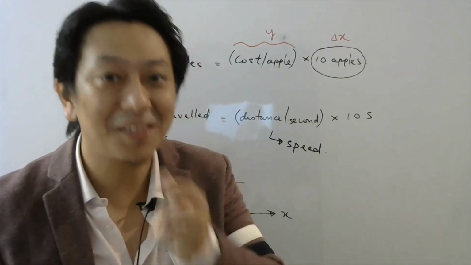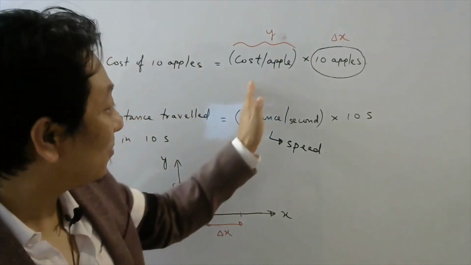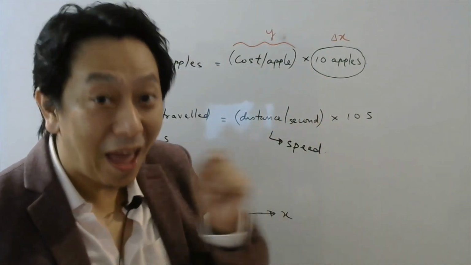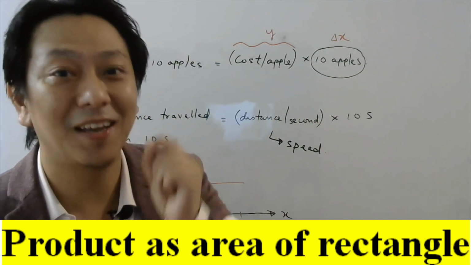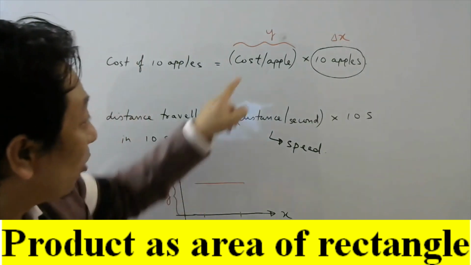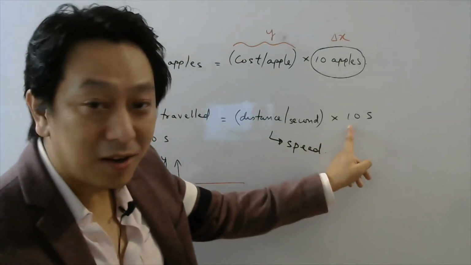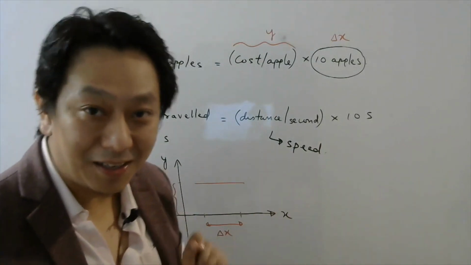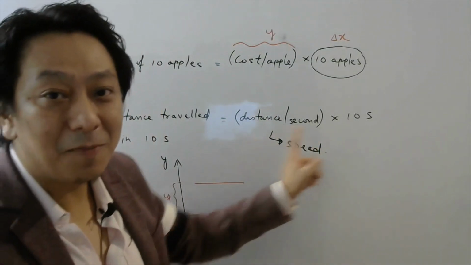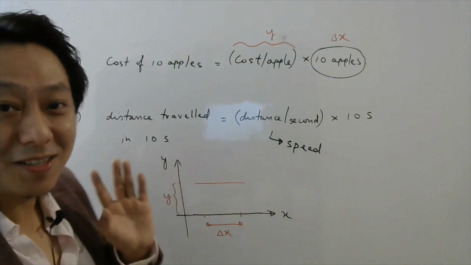Now in a very interesting way, we can consider this product as the area of a rectangle. How? We can plot this quantity, speed, along the y-axis, and we can plot time along the x-axis, right? Now when can we multiply these two in order to find the distance?